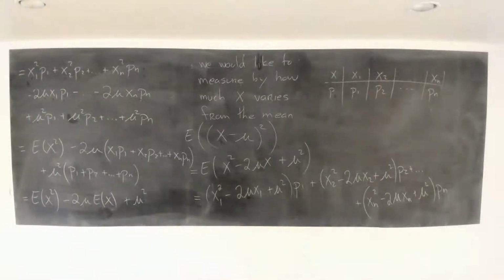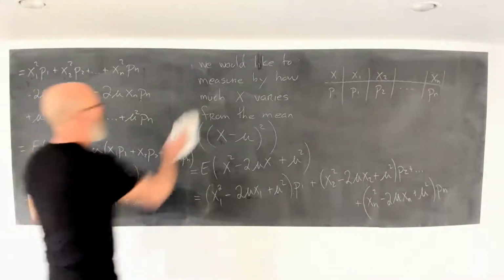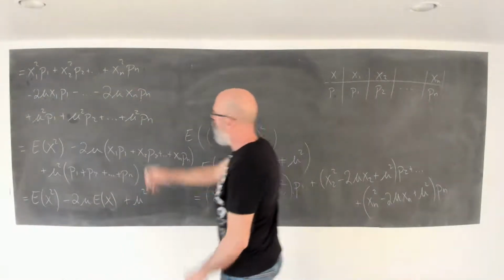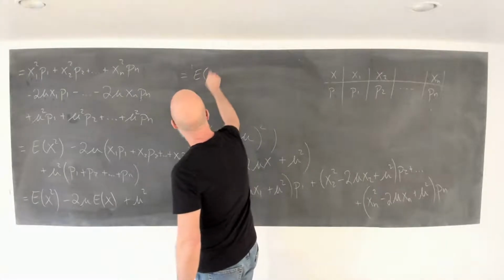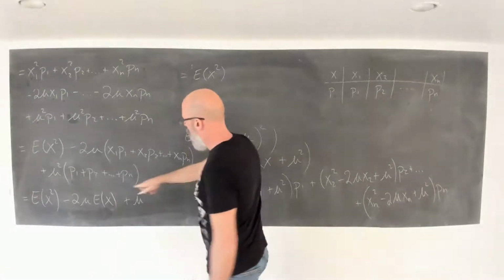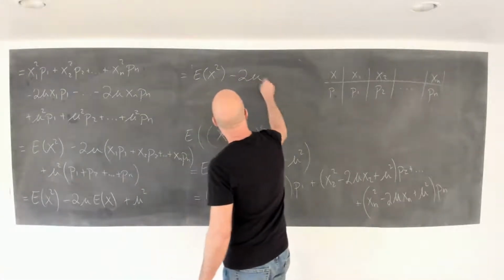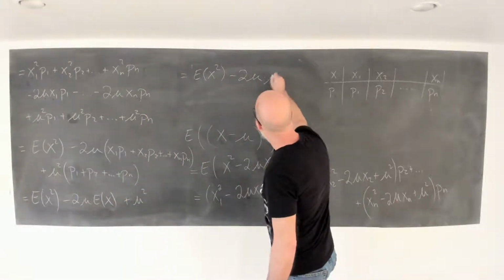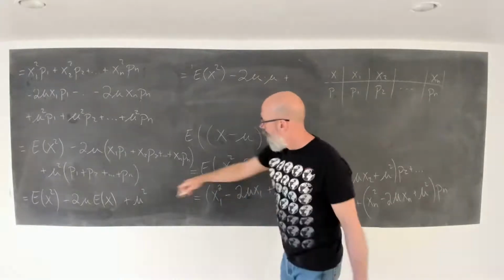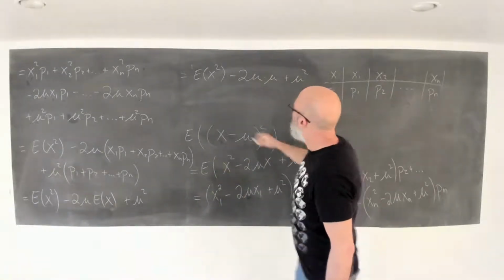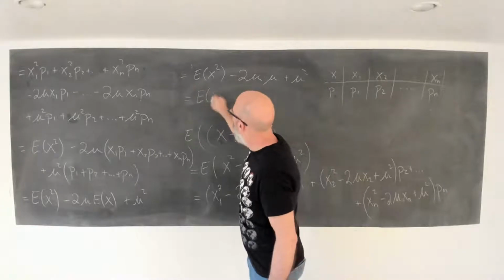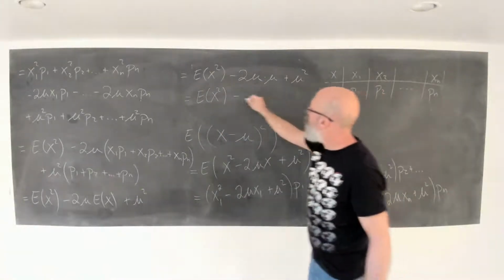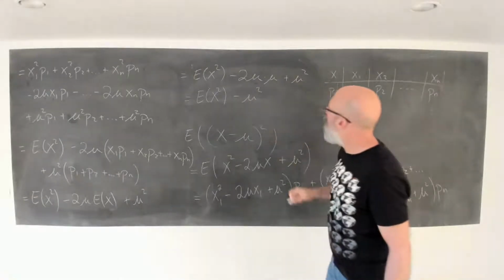So this is the expected value of x squared minus 2 mu. This expected value of x is mu. So this is really the expected value of x squared minus 2 mu squared plus mu squared, so that's minus mu squared.